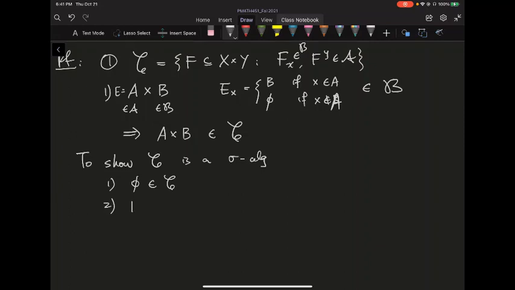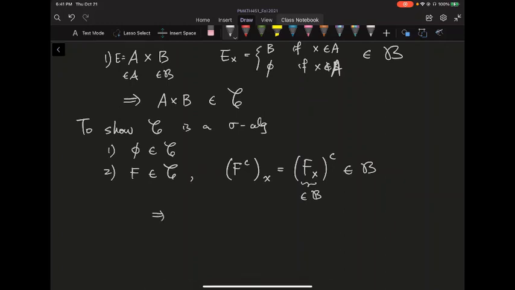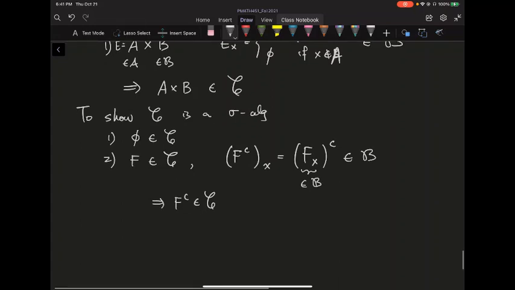Suppose you have an F inside C. If you consider the F complement, fix an x, and look at the section on x, you can convince yourself that it's essentially everything not inside F_x, so it's the complement of F_x. Because F_x, by the definition of C, is inside the sigma algebra B, the complement is again inside sigma algebra B. You could do the similar thing for F_y, so you can show that the F complement is also inside C. I'm not going to write the F complement on y, that's basically the same.